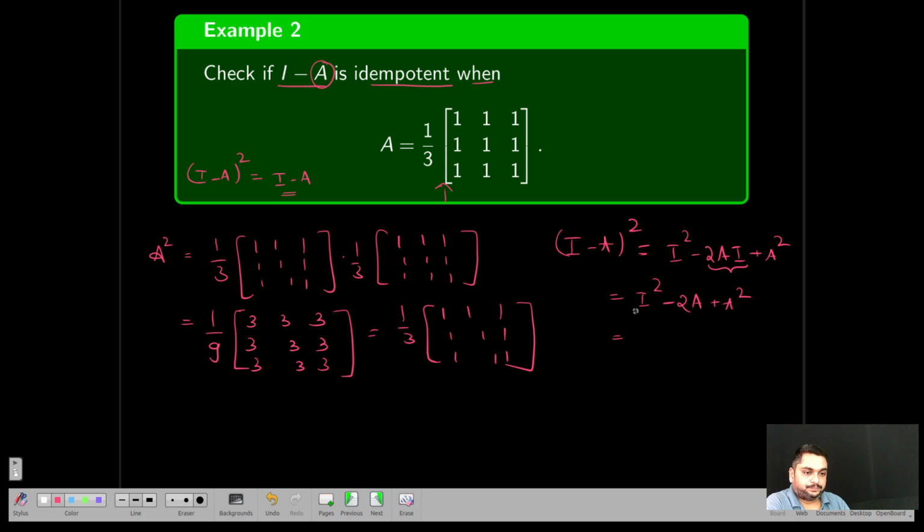Now I square is always I only. I into I is I only. Minus 2A plus A square, and if A is idempotent, as I've already shown, then A square will be A only. So this is nothing but I minus A. Hence, I minus A is idempotent because I minus A whole square is equal to I minus A.